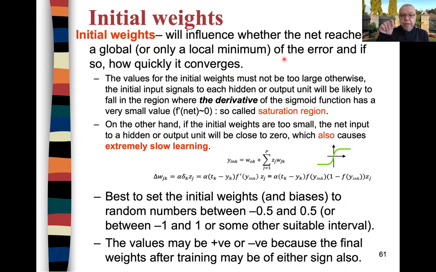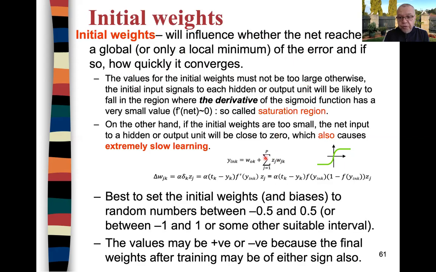If you remember, we have seen in one of the slides the effect of selecting the initial weights on the weight space, where you can reach the global minimum very quickly or more slowly. So as I said, they influence whether the network reaches a global minimum of the error, and if so, how quickly it converges. So the values for the initial weights must not be too large.